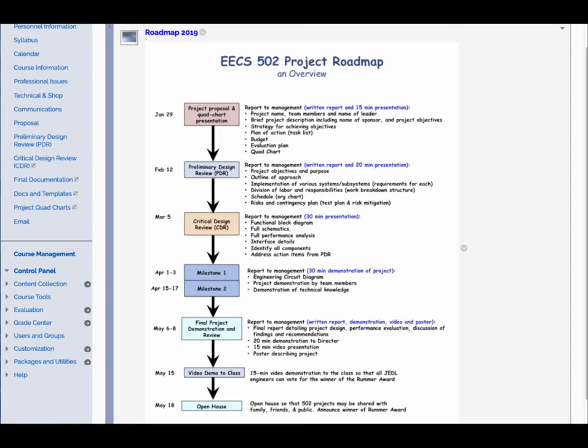They want your outline of your design, the approach you're going to use, how you plan on implementing the various subsystems, and who's going to do what, the work breakdown structure, basically who's going to do what and when are they going to do it, and the actual tasks become part of an organization chart. And of course, being a company spending resources on this project, they want to know what are the risks and the contingencies?